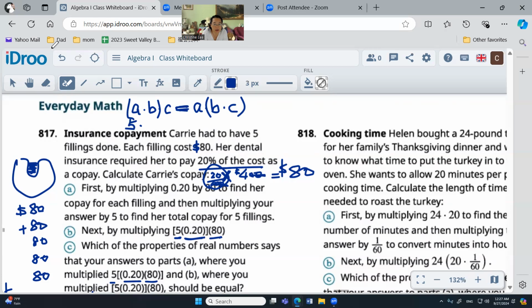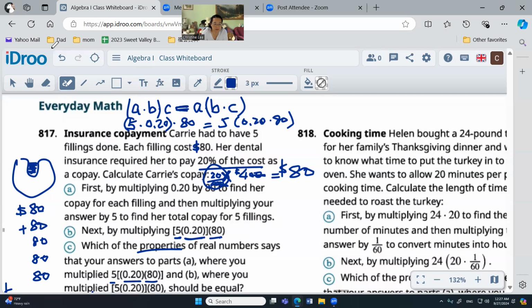Each one you pay 20%. Okay, and what is 80? Each one is 80. You do it this way, and you do it 5 times 0.20 times 80. Same thing, front or back, same thing. Which property? I already said associative property.